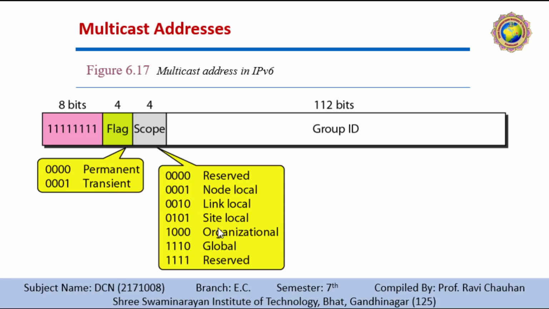A transient group address, on the other hand, is used only temporarily. Systems engaged in teleconferences, for example, can use a transient group address. The third field defines the scope of the group address. Many different scopes have been defined, as shown here.